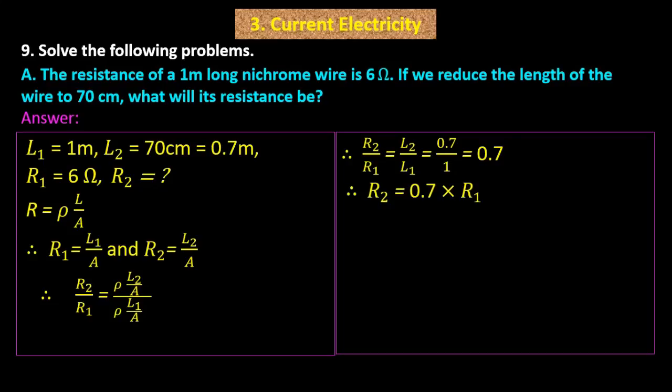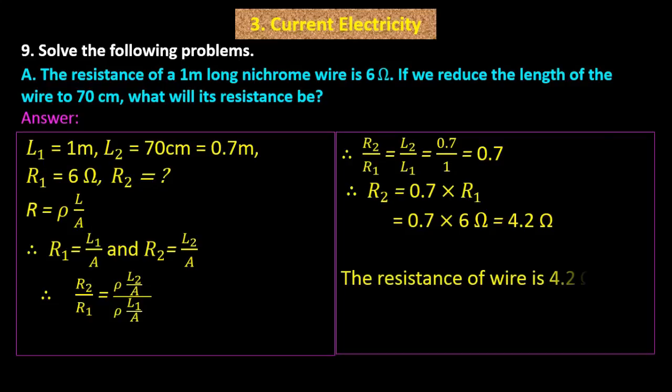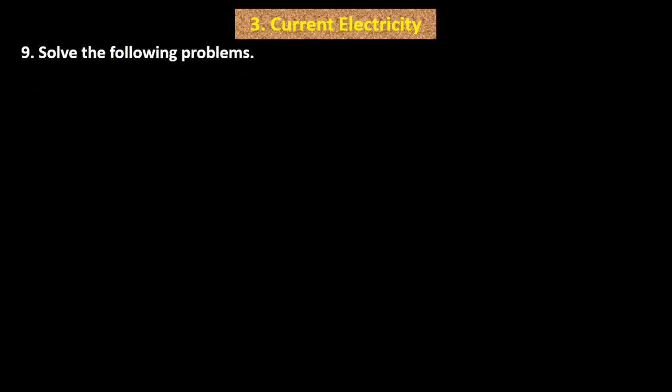Therefore, R2 is equal to 0.7 multiplied by R1 is equal to 0.7 multiplied by 6 ohm is equal to 4.2 ohm. Therefore, the resistance of the wire is 4.2 ohm.